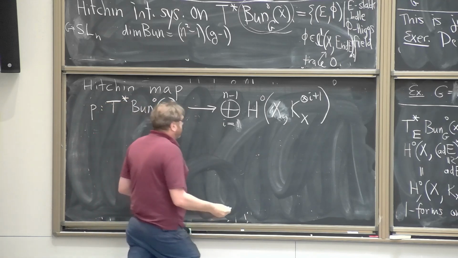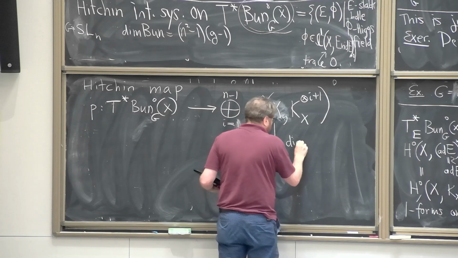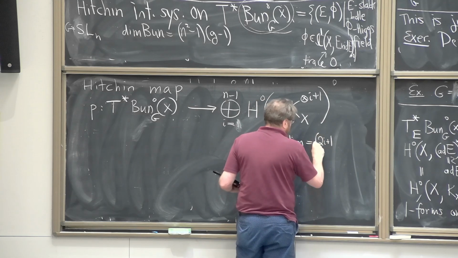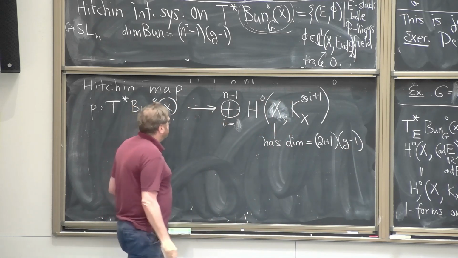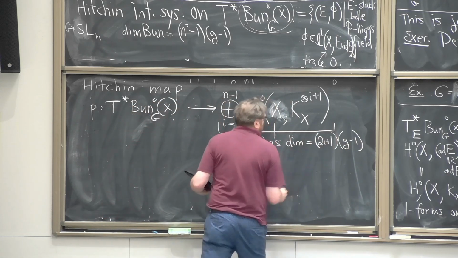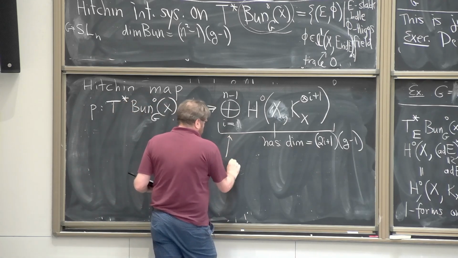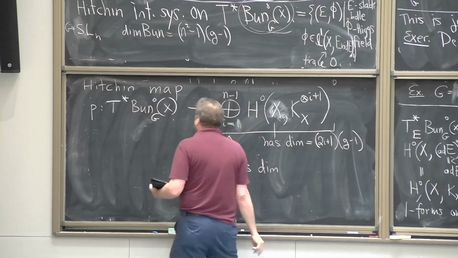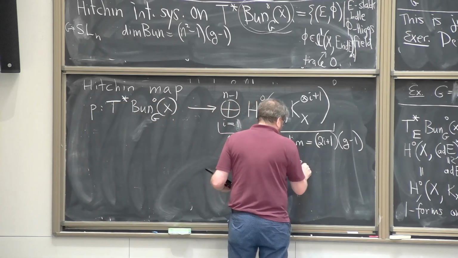Now, by the Riemann-Roch theorem, this has dimension equal to (2i plus 1) times (g minus 1). And so this whole thing has dimension the sum of these, and the sum of (2i plus 1) is n squared minus 1.